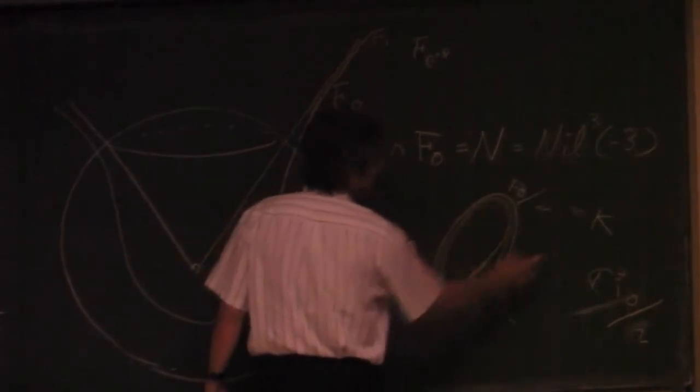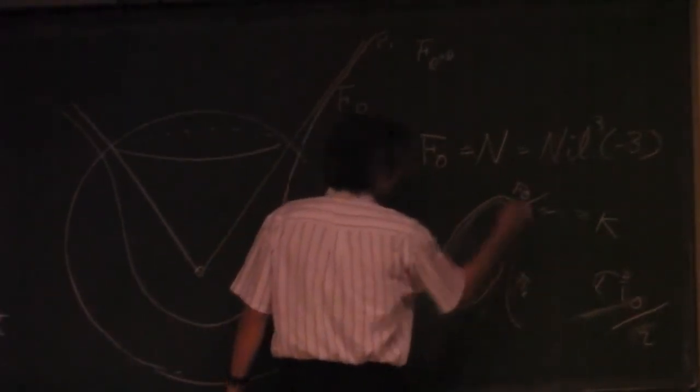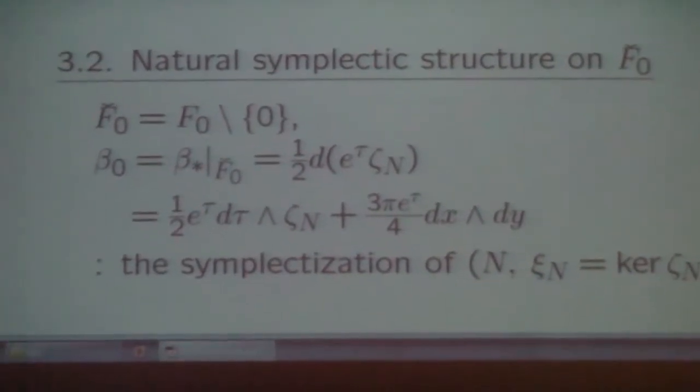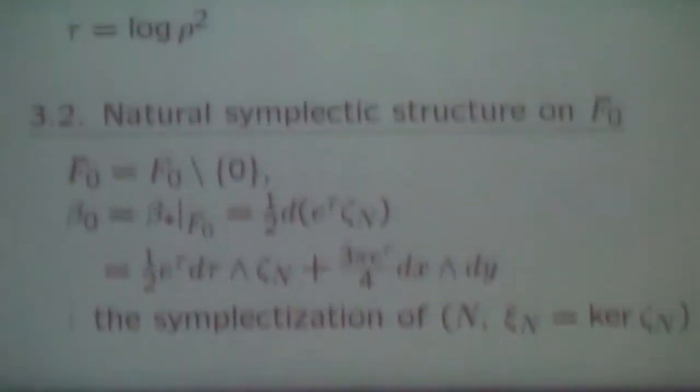If we already have some symplectic structure on this compact leaf, and F1 approaches the compact leaf in this way, then F1 must admit some asymptotically periodic symplectic structure.